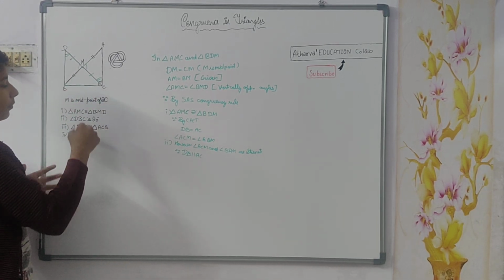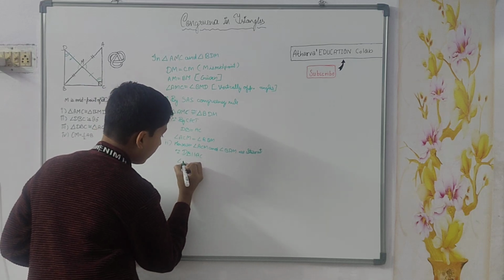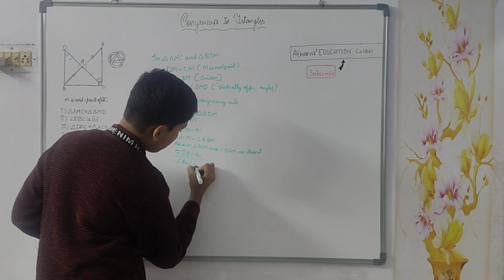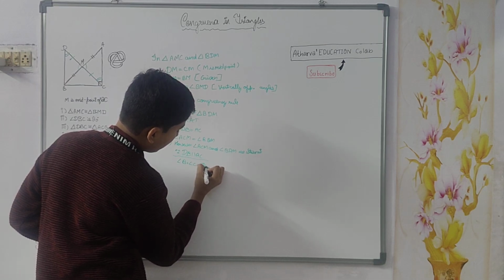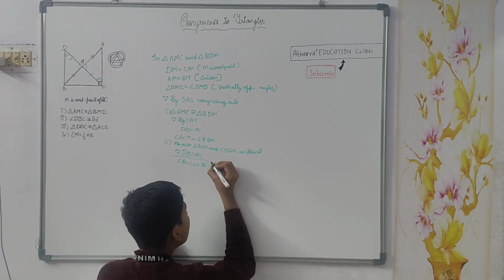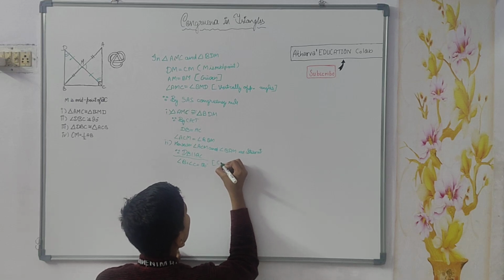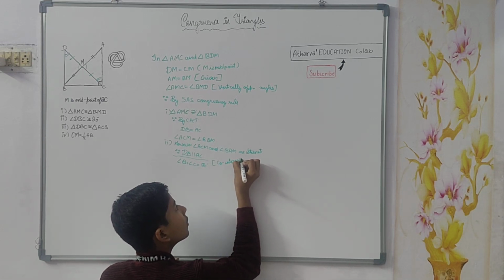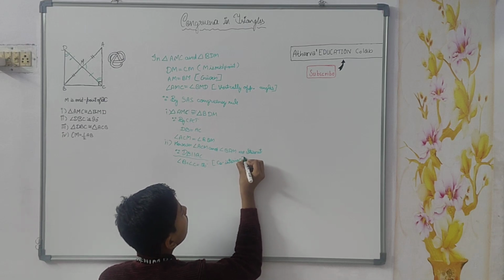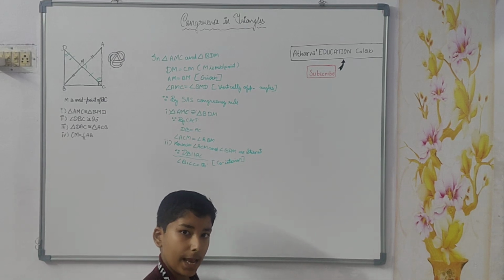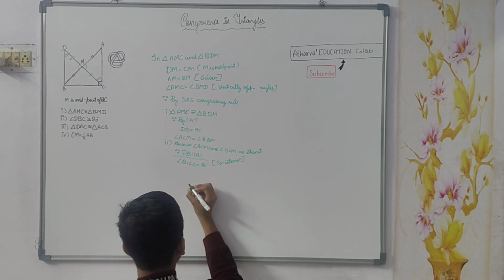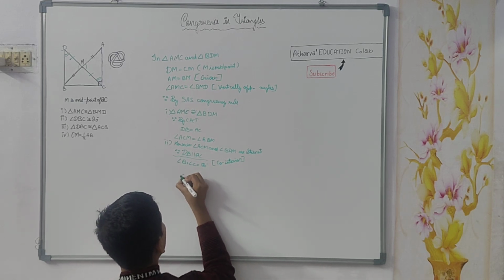Angle B plus angle C equal to 180 degree. Now what will you write here? Co-interior. These will be co-interior angles. Angle C we know.